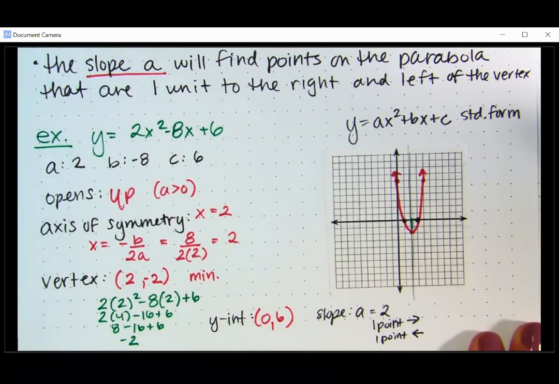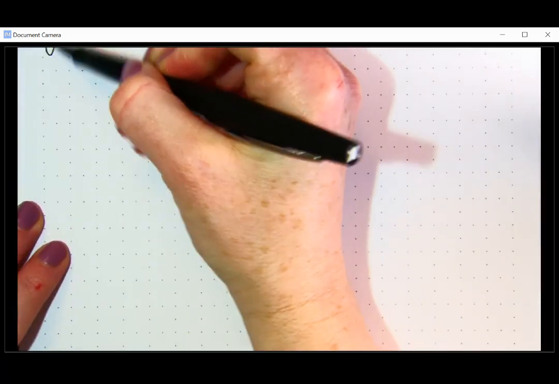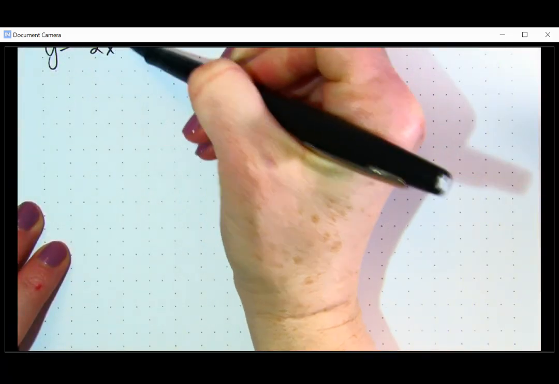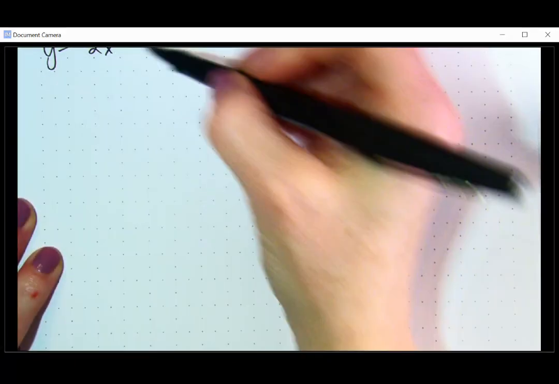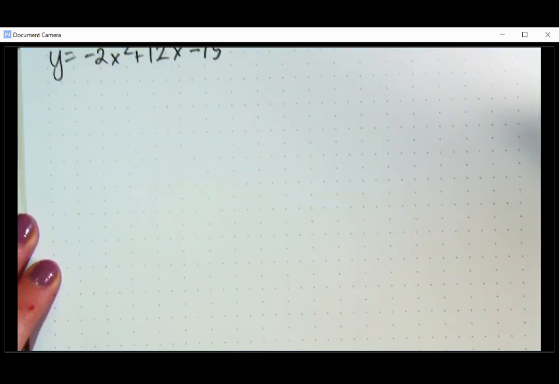All right, let's look at another example. Okay, y equals negative 2x squared plus 12x minus 15.